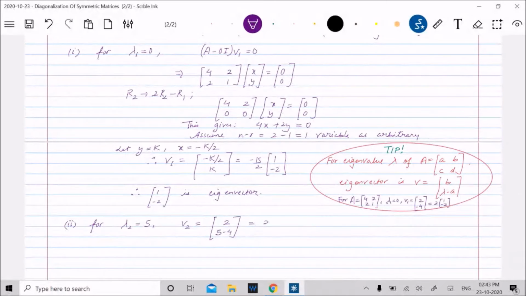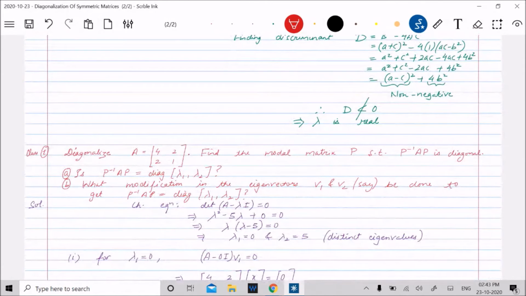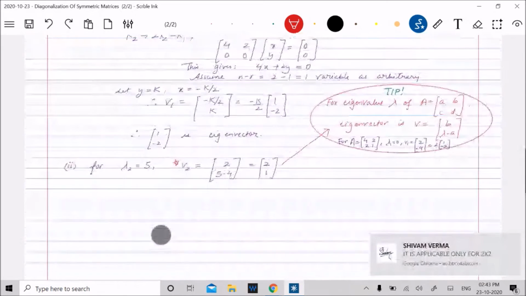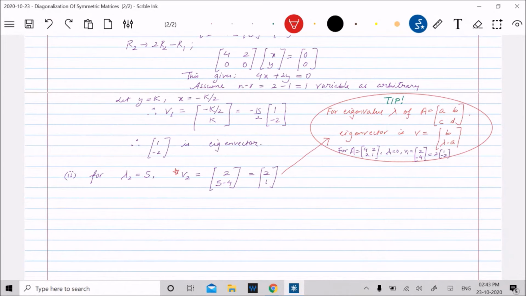And that gives you 2, 1. So this is the second eigenvector. I have used this shortcut formula. You have two eigenvectors, and the first part was asking you to find the modal matrix P. Yes, Shivam Verma, only for 2 cross 2. For 3 cross 3, there is no shortcut.